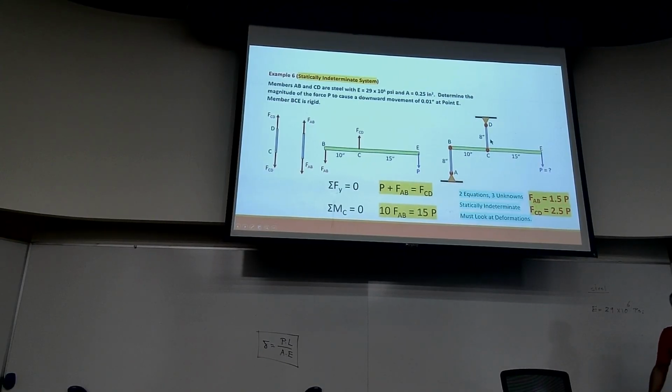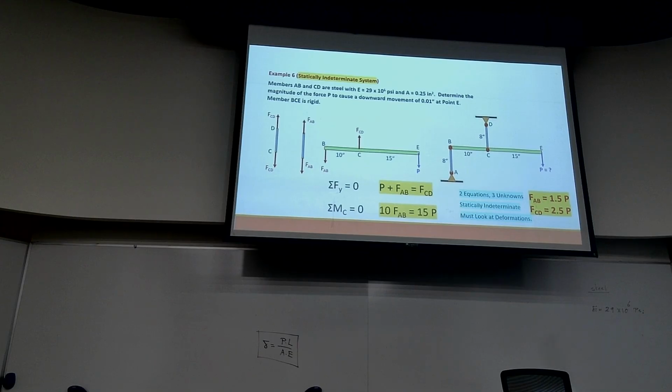These are identical in dimensions and in material. And we are applying the force here, and we want point D to move down by 0.01 inches. And the question is, how much force do we need to do that?